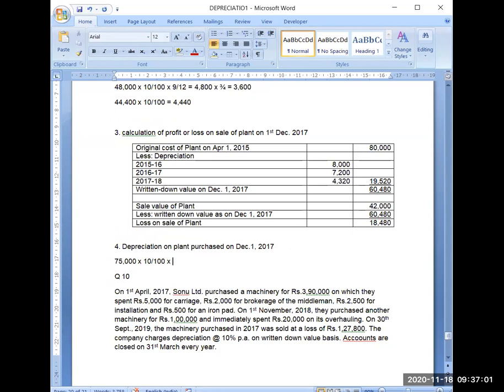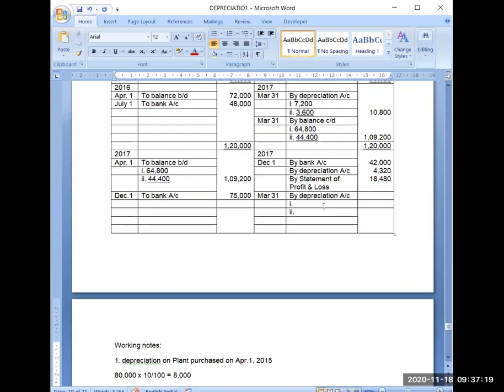So December, January, February and March, 4 months have been used. 4 by 12. So it will be 7,500 multiplied by 1 upon 3, and this will be equal to 2,500. So in this year we will be charging depreciation 4,440 and 2,500. So the total amount of depreciation charge is 6,940.